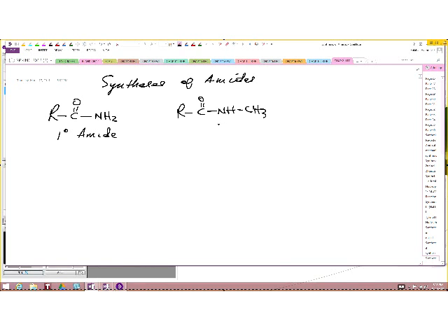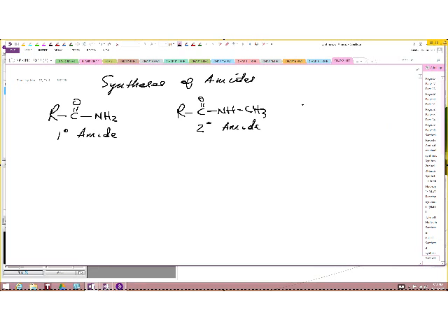In the secondary amide, the nitrogen is attached to 2 carbon atoms. On the other hand, in the primary amide, the nitrogen is attached to only 1 carbon atom. And so this is your secondary amide.